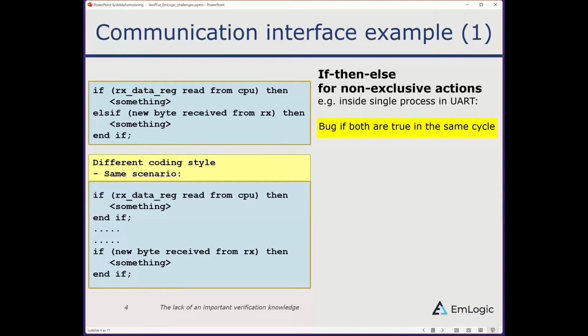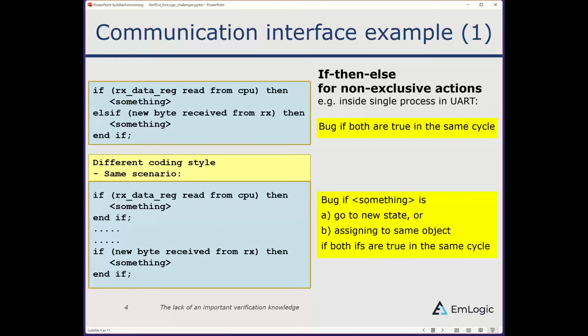Then maybe 200 lines lower in your code, you are checking whether you have received new data from the RX. Of course, this is much more difficult to see and understand. And you get a bug if this something is to go to a new state or assign to the same object, if both these ifs are true in the same cycle.